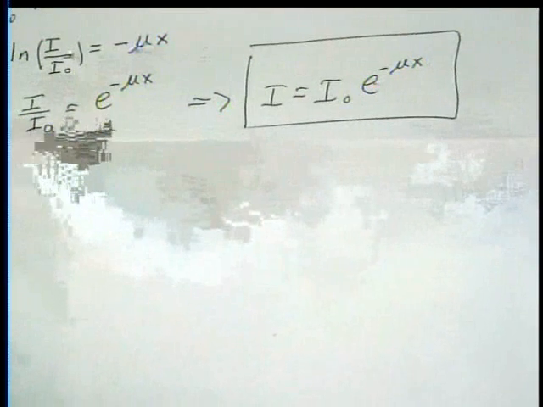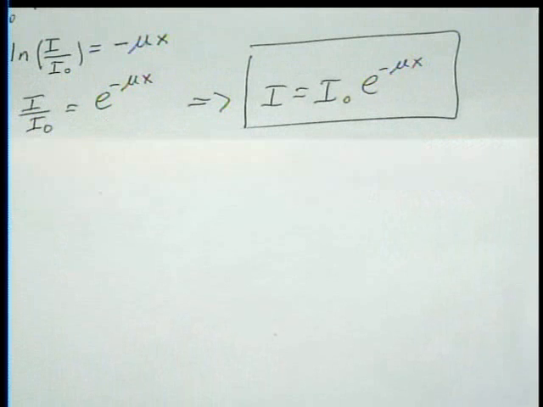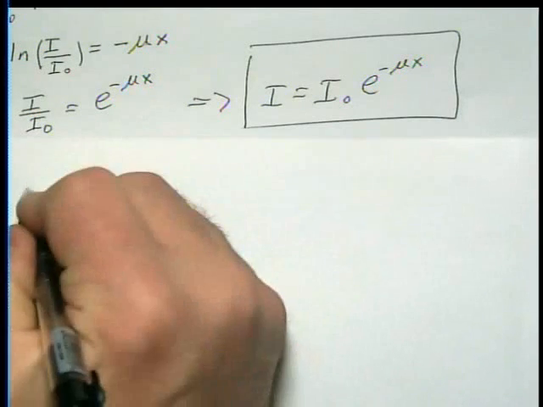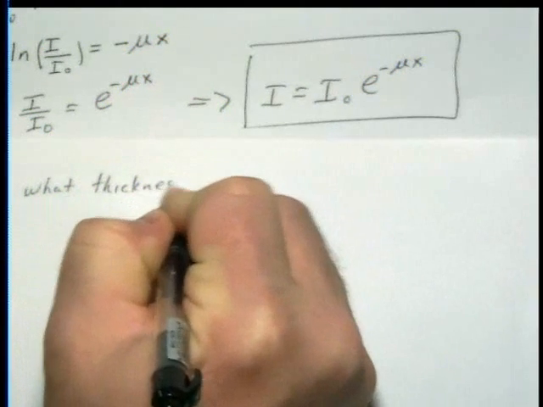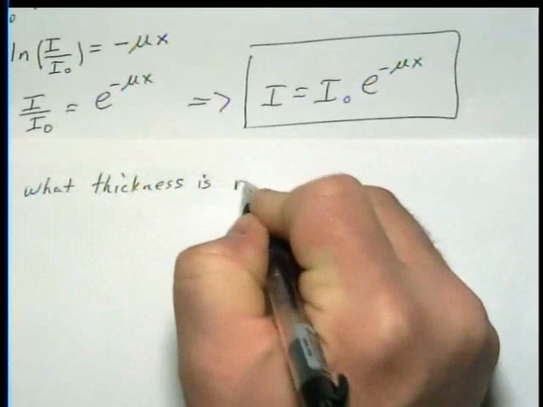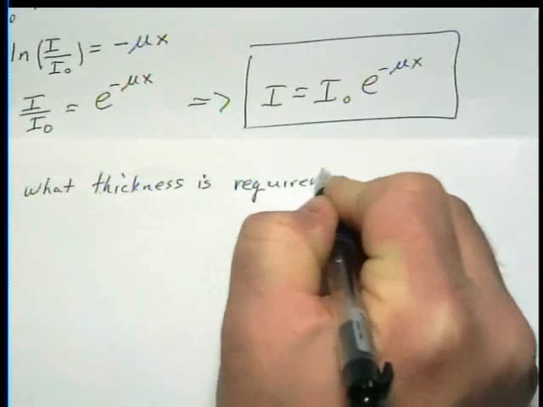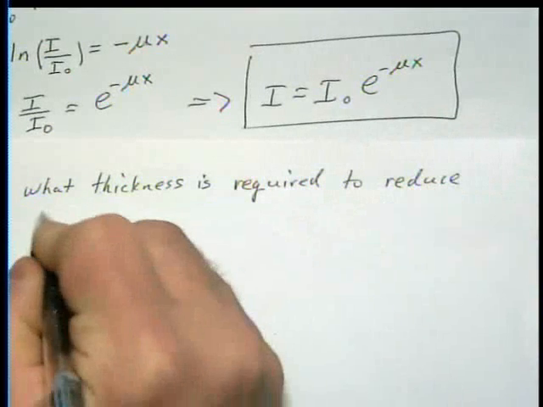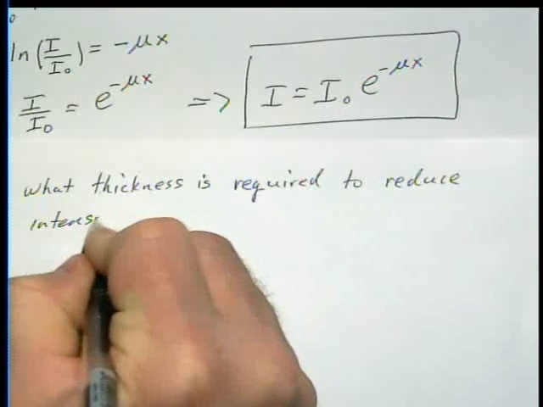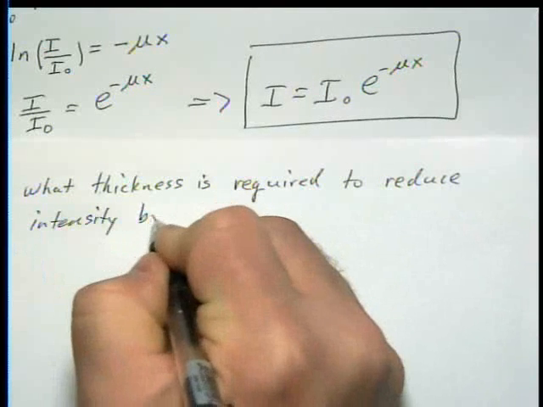So, for example, you might want to decrease something by a certain amount. That is, you want I to be a tenth of what the initial intensity was. So what thickness is required to reduce intensity by 90%?